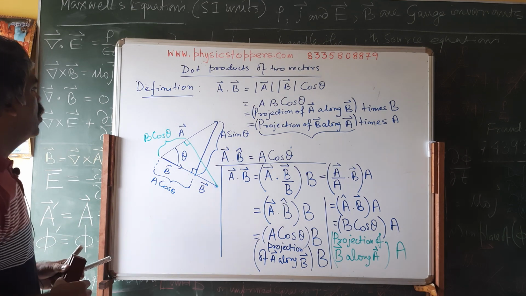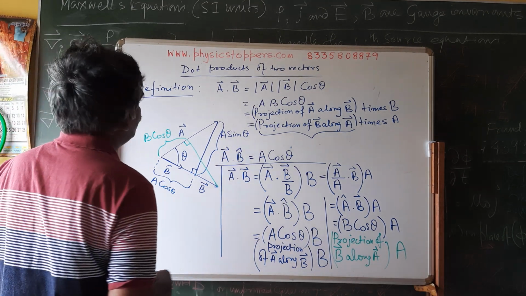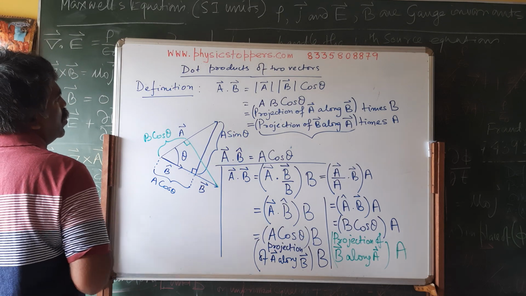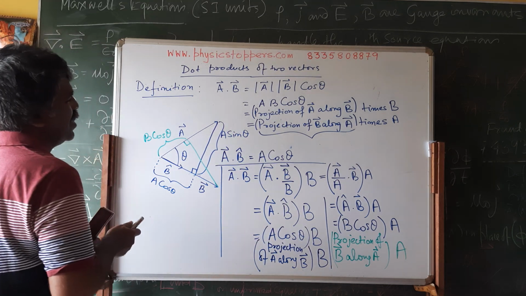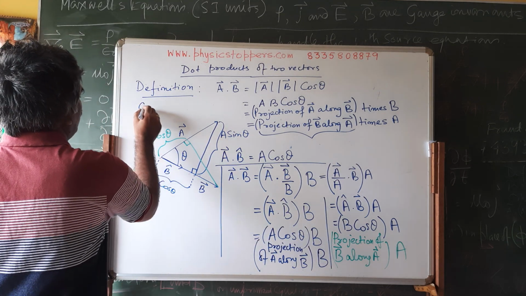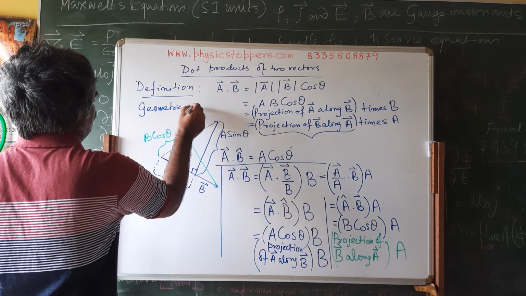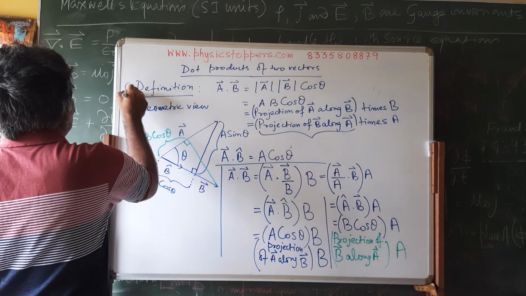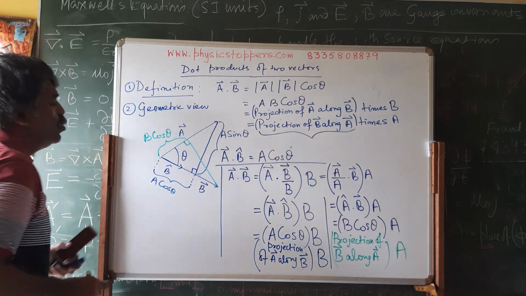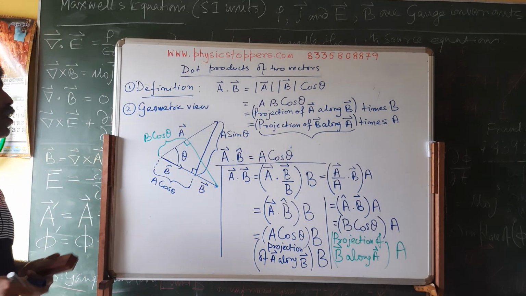Now let's check the orthogonality property. So this is the definition and this is the geometric view. One, 2 is the geometric view. You can please take a note of this.